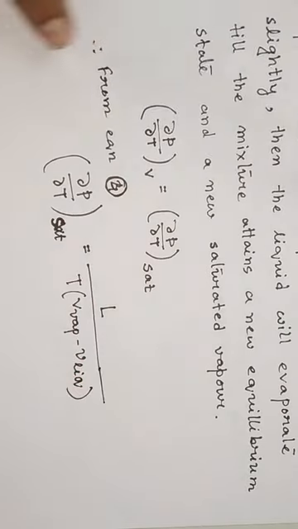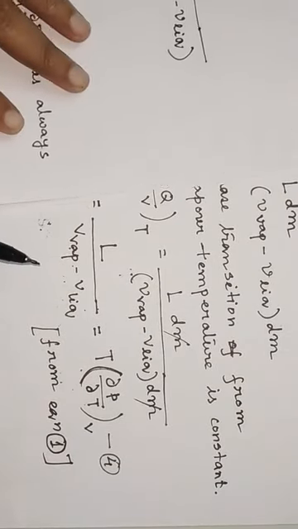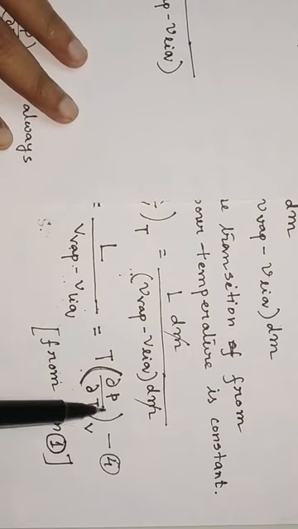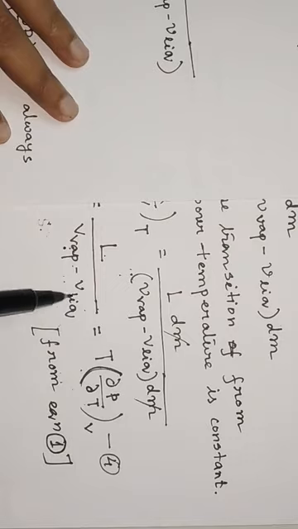So here, if you ignore this, we have T del P del T at constant V equals L by V vapor minus V liquid.